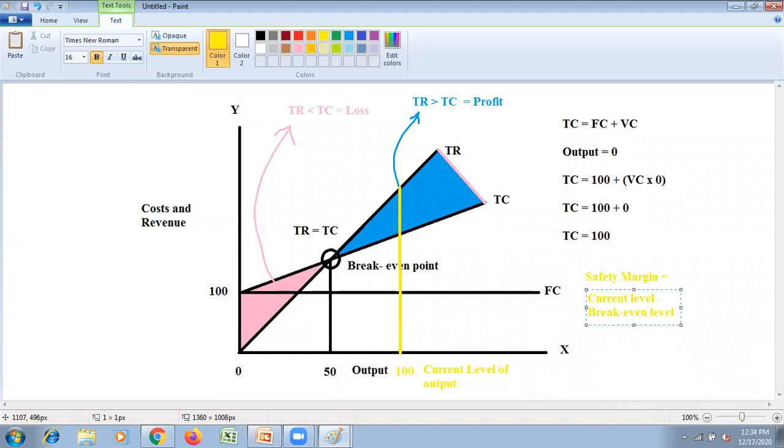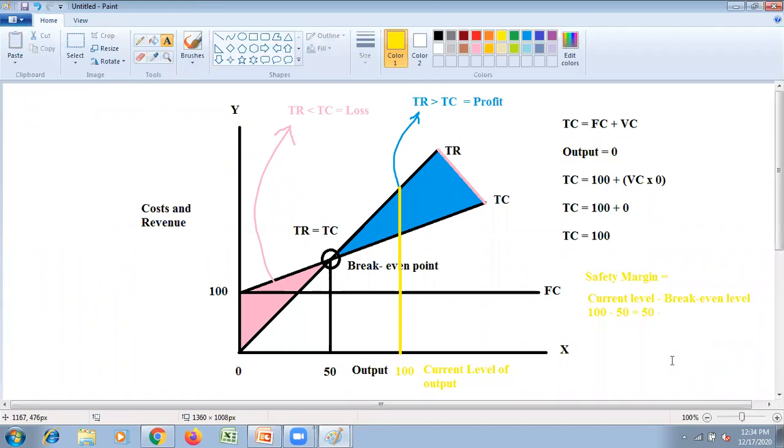This is the formula to calculate safety margin. In the example I gave, current level is 100, and break even level is 50. So the answer is 50. I'll say that the business safety margin is 50.